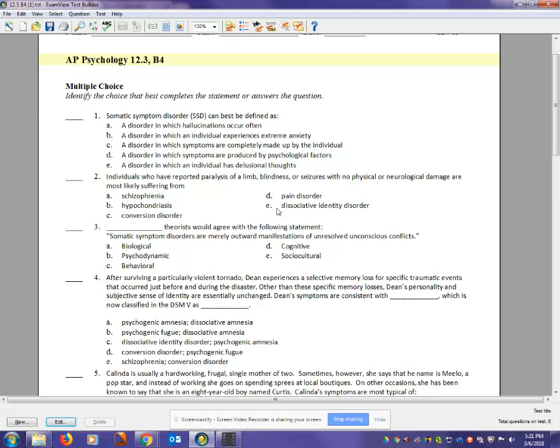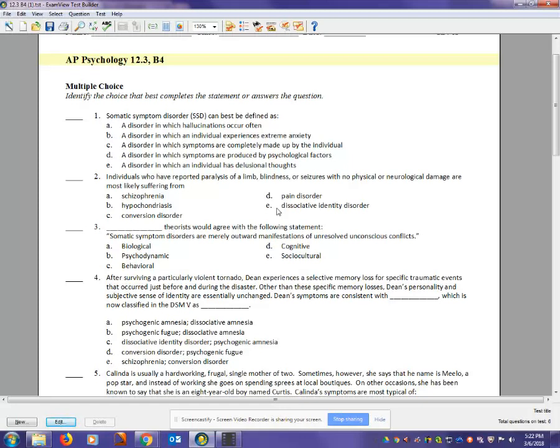All right, so question number one: somatic symptom disorder can best be defined as what? First of all, we need to know what somatic symptom disorder is. Remember that section of your brain that's about pain, touch, feeling.